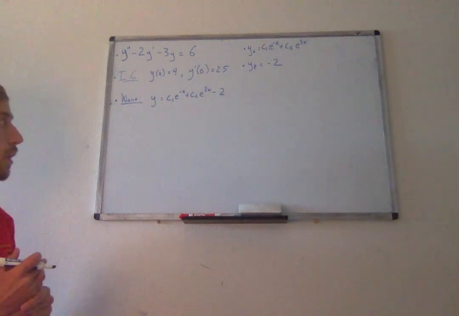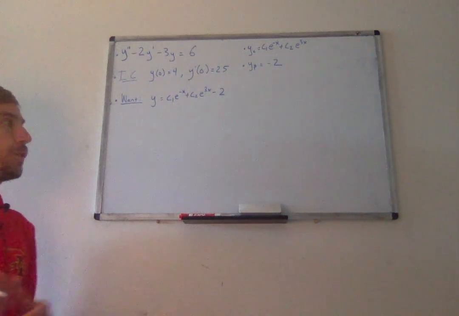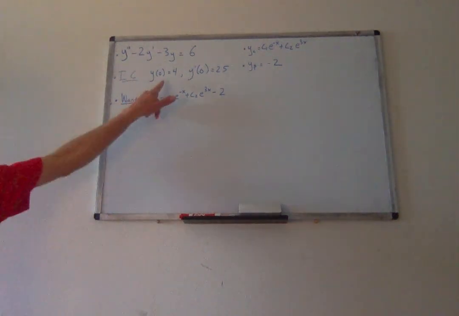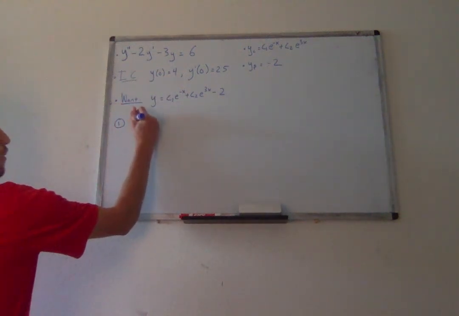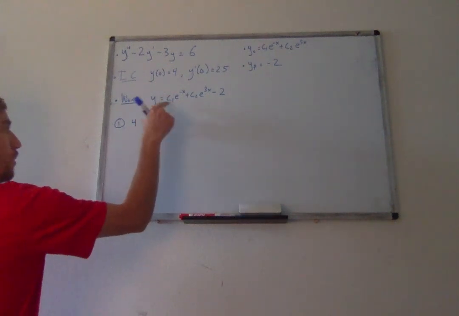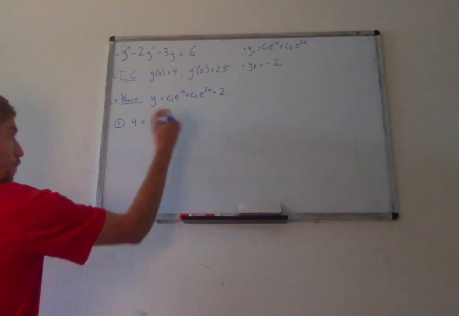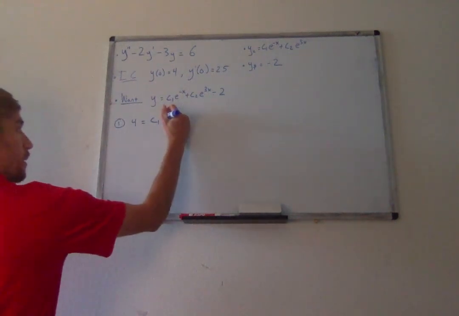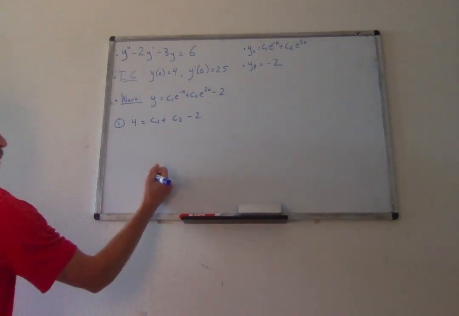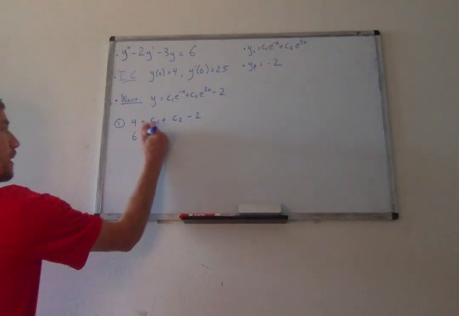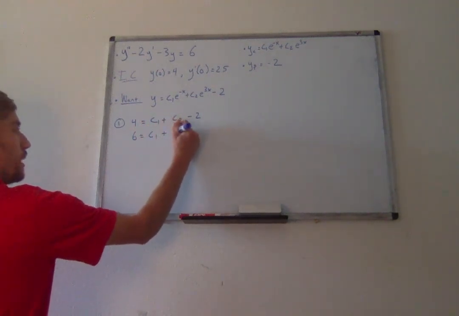So doing that, we get a few relations which must be satisfied. If y(0) is equal to 4, we know that 4 is equal to c1 e to the 0, which is just c1, plus c2 e to the 0, which is just c2, minus 2. We could equivalently write this as 6 equals c1 plus c2.